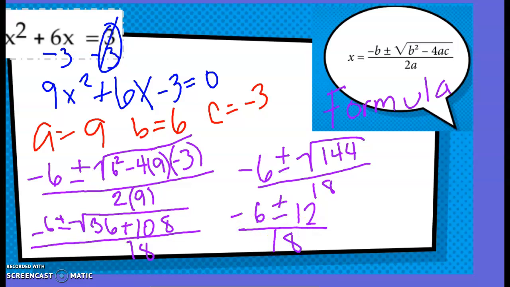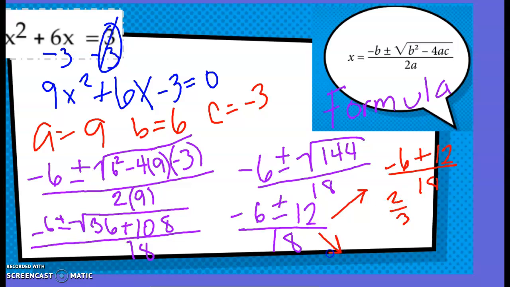Last step, I am going to break that into two equations. The first one is negative 6 plus 12 divided by 18, which is positive 6 over 18, and that can be simplified to 2/3.